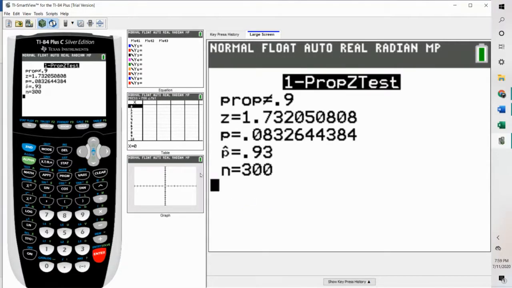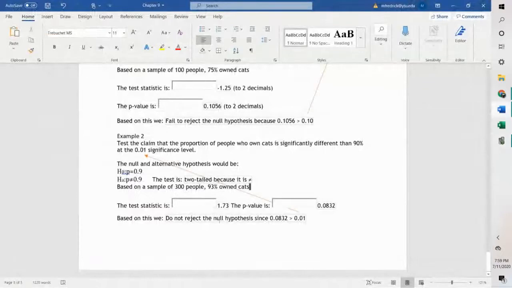And calculate that. Once we calculate that, we have our z value and our p value. If we look back at our answers, the z value and the p value. And you check your p value with your significance level. And since this is greater, we do not reject the null hypothesis. But that's about it for this section in Chapter 9.